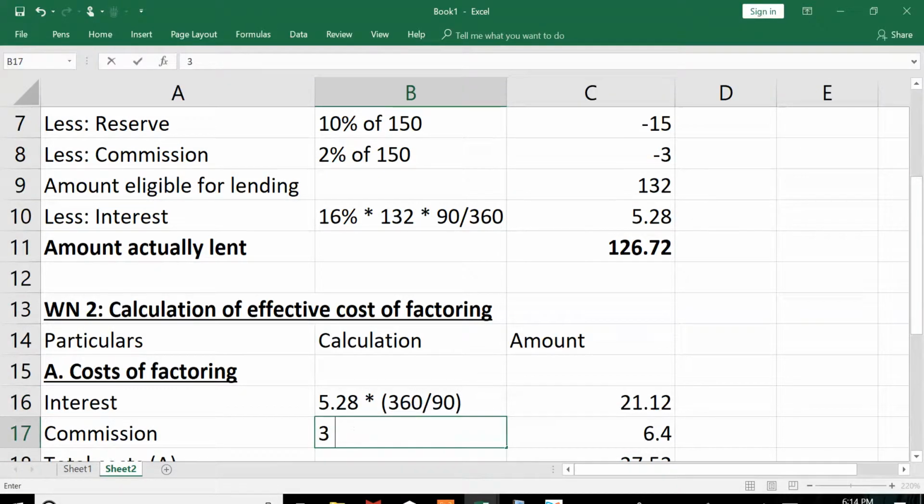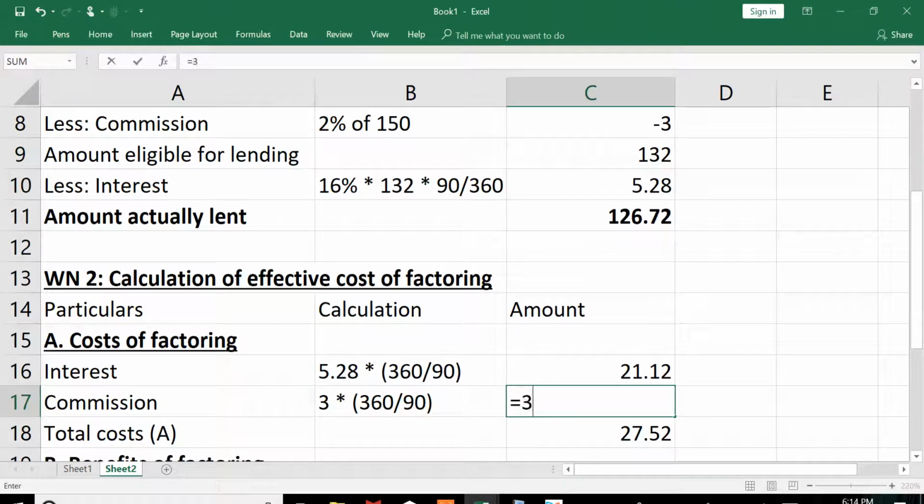Commission 3 into 360 by 90. The total cost is 33.12. Cost of factoring is 33.12.